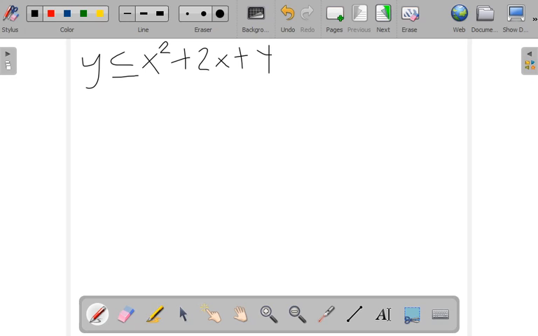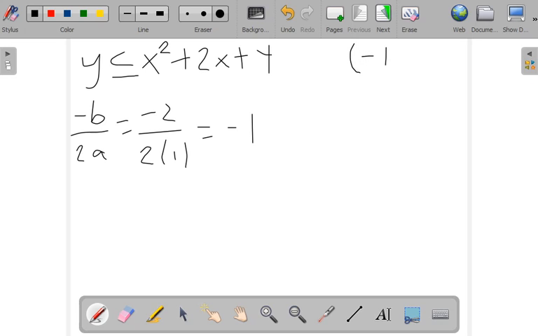So we need to find the x-coordinate of the vertex, and we do that by doing the negative b over 2a. So that is negative 2 over 2 times 1, right? Because our a term is 1. And we get negative 1 again. So to find the y-coordinate of the vertex, we have the x-coordinate, and now we need the y-coordinate.